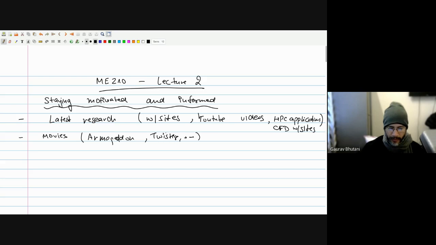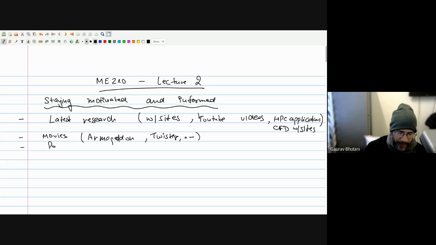So they want to do some very risky experiments. They want to put lots of small, low-cost sensors so that they can track the whole trajectory of tornadoes. So these are fun as well, and they'll also keep you motivated with the subject.